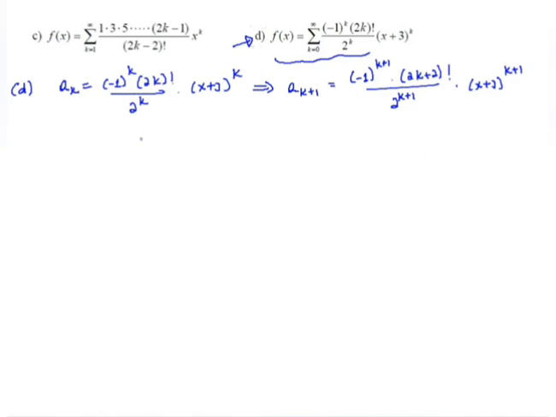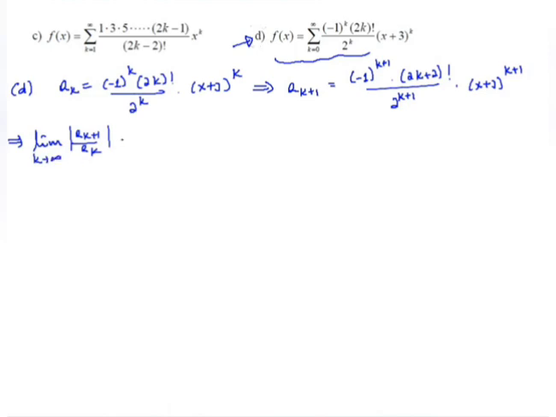Okay, ak ከሆነ the k plus 1's term ይሄን ነው የሚሰጠን። So using the ratio test we evaluate the limit of the k plus 1's term by the k's term as k approaches infinity.